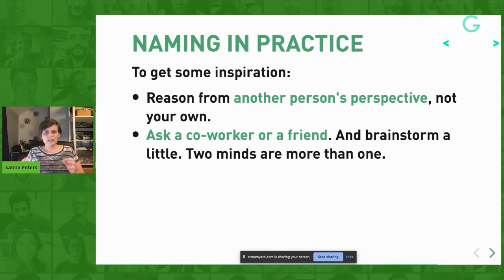And that's slightly difficult because you have to put yourself in somebody else's shoes. And what I usually advise in this case is that that person should actually be a junior developer that is unfamiliar with all the terms that you use and all the parts of the system. Because if you reason from that perspective, you will cover all your bases.